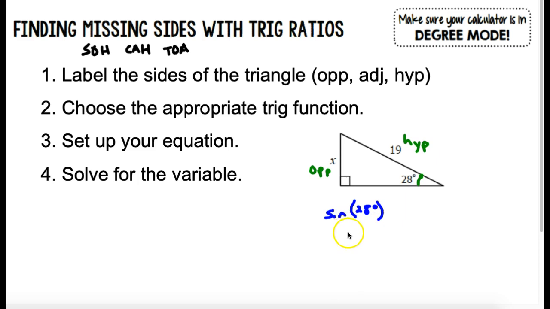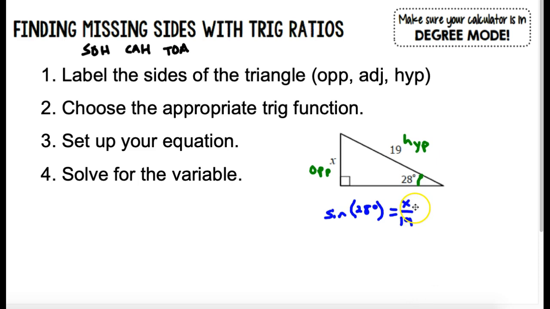In the examples that we did in the last video, we just used a letter here. Like if this was angle A, we said sine of A. Well, now we have angle measures, so we can put sine of 28 degrees equals, and then we use this ratio, opposite over hypotenuse. So here, we will have x over 19. The last step is to solve for the variable.